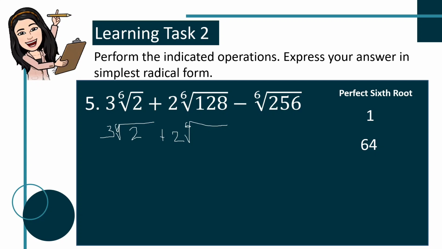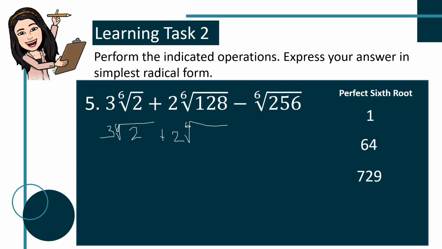Now, how about yung 3? 3 times 3 times 3 times 3 times 3 times 3, anim na beses. What would be the product? That would be 729. So, and so on and so forth. Now, dito, hanapin natin, baka may mga factors ang ating radicand. Sa 128, is there a factor ng 128 na ang isa ay 64 or 1 or 729?